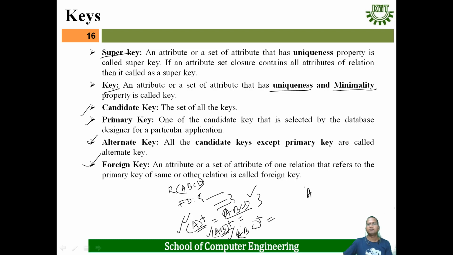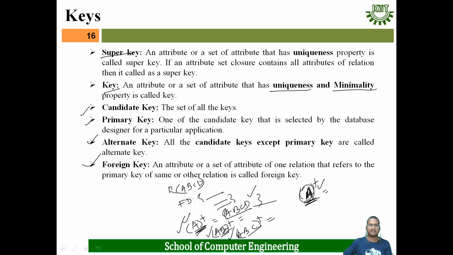A will be a key because this is uniqueness property satisfied by A, AB, ABC. But minimality property is satisfied by A. That means only single attribute, minimum number of attribute whose closure derives all the attributes of the functional relation satisfy minimality property. Okay, then this is your key.